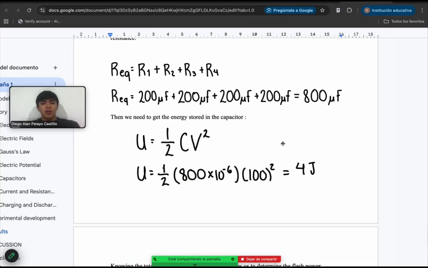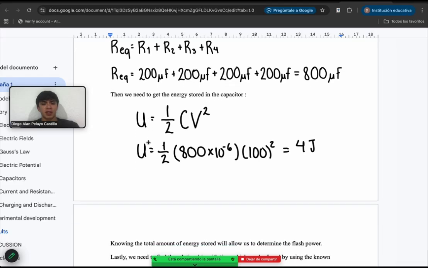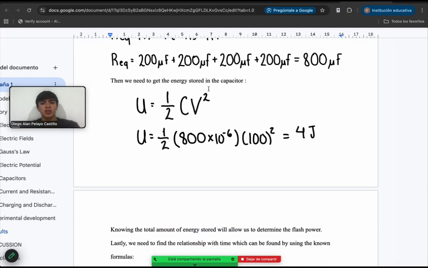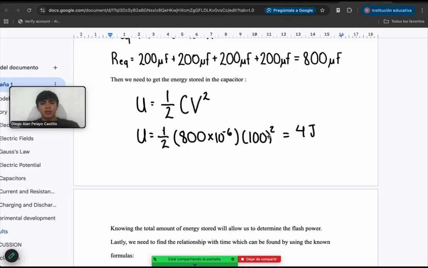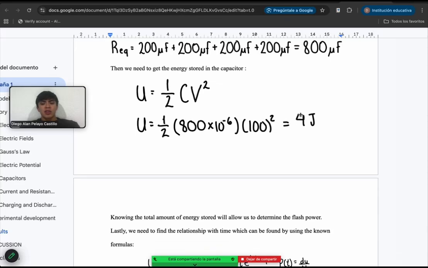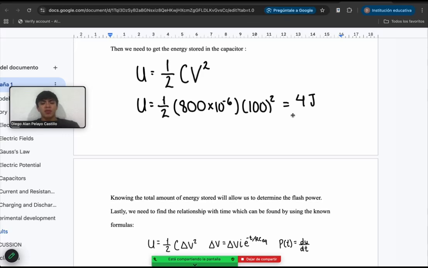Then we used the formula to get the energy stored in a capacitor. We replace the values that we already know, the power that we were given and the voltage, resulting in the 4 joules that we mentioned before.